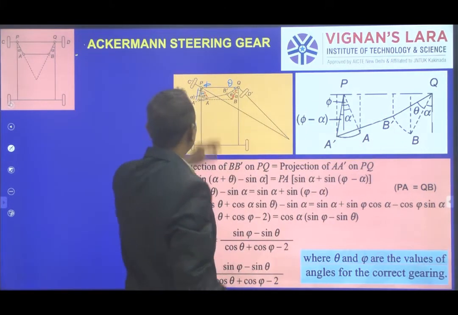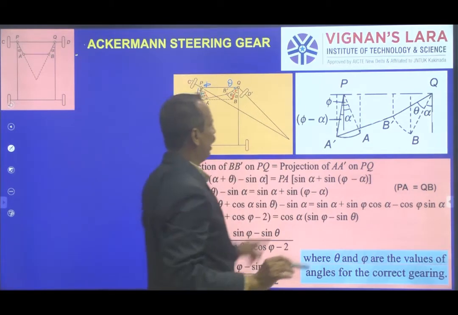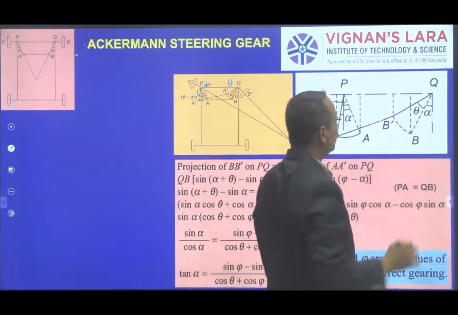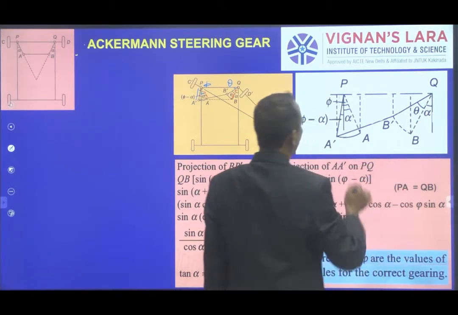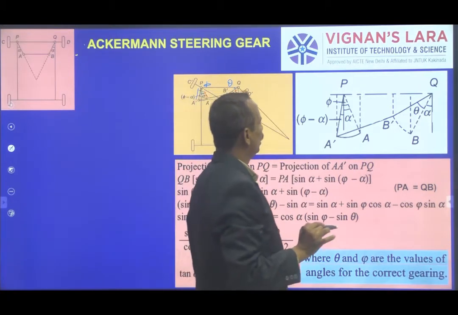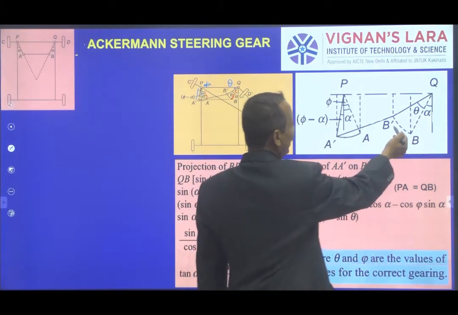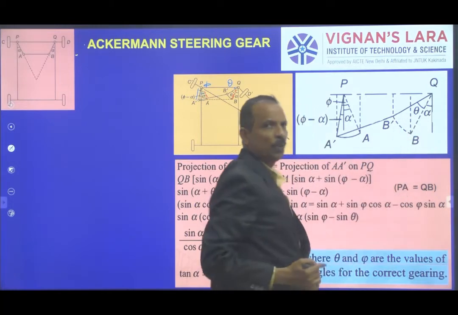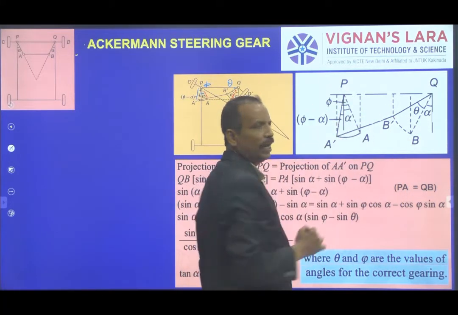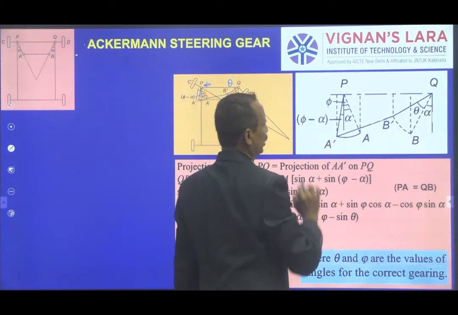QB makes an angle alpha and PA makes an angle alpha with the vertical. QB is shifted to QB dash and PA to PA dash.